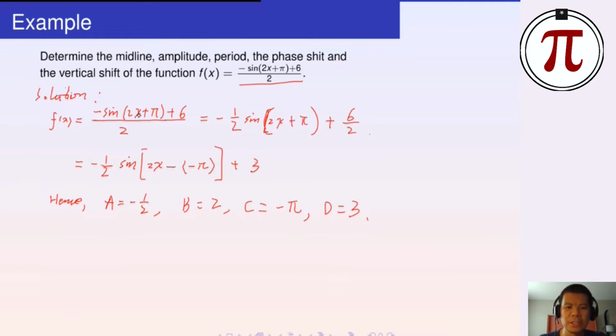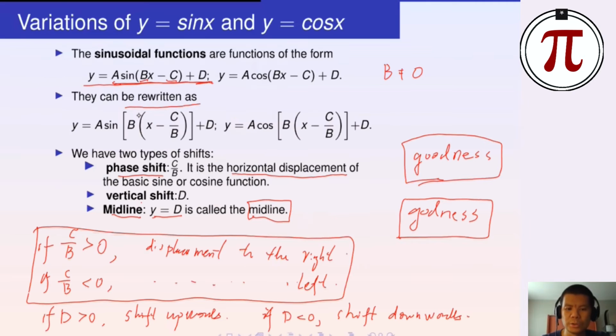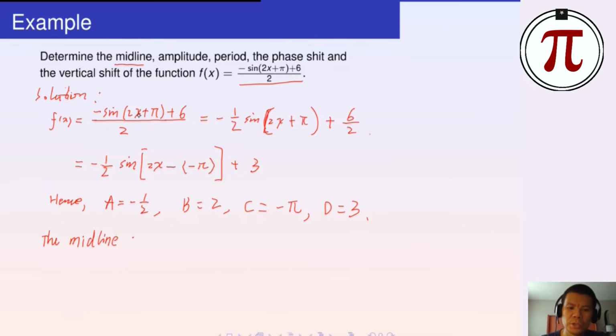Since D equals 3, the midline is positive 3. The midline is a function, so be careful: the midline is y equals 3. It's a horizontal line. The midline is not just 3, it's y equals 3.